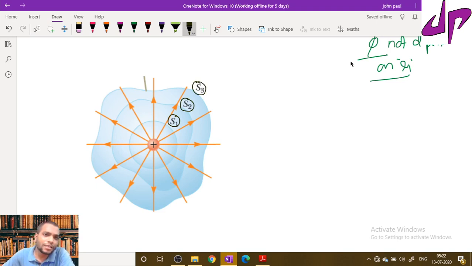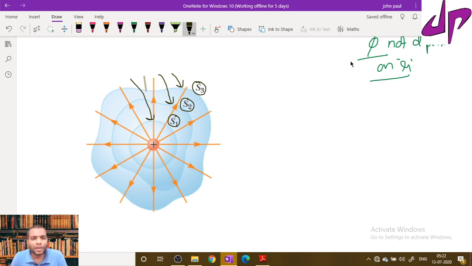These 3 surfaces have different shapes. Surfaces S2 and S3 have arbitrary shapes, and surface S1 has a symmetrical shape, a sphere. So what is the net flux through all these 3 surfaces? Do you think it will be different, or will the total flux be the same?